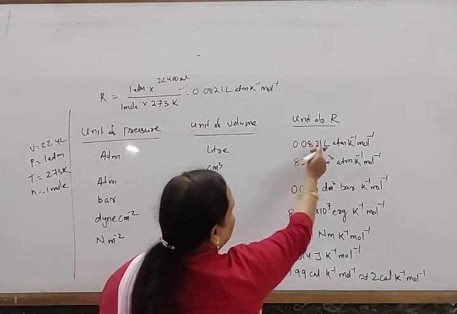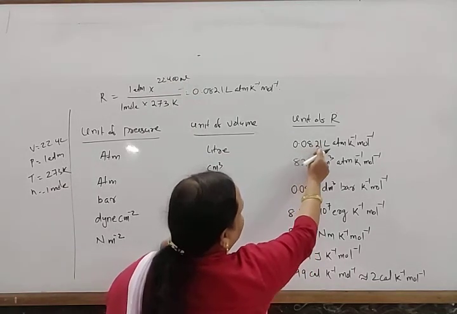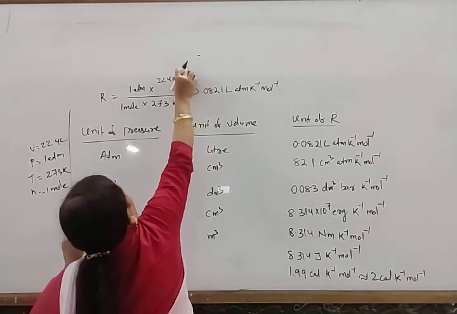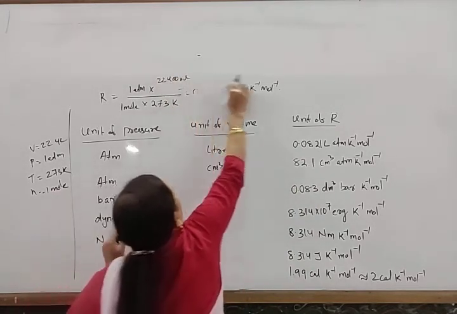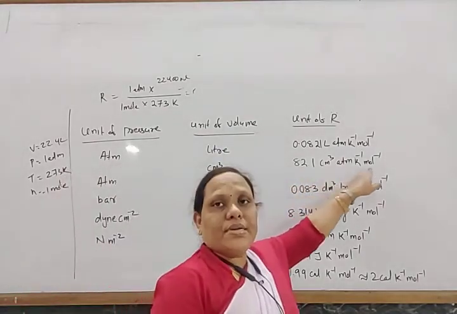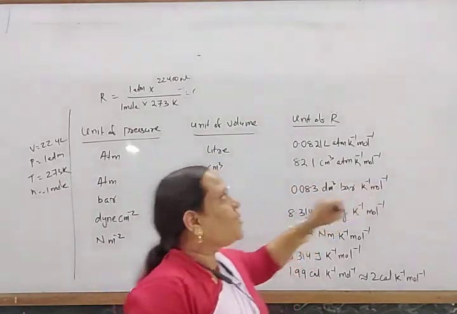Multiplying by 10 cubed, we find 82.1 cm cube atmosphere Kelvin inverse mole inverse.